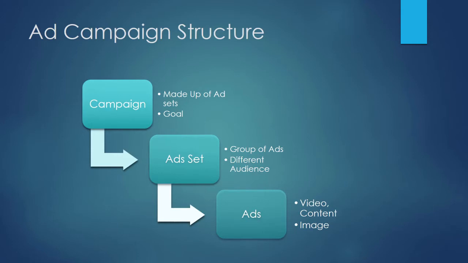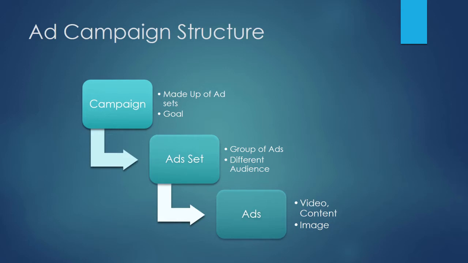In the Ads Manager, you need to understand a few terminologies. When you look at the Ads Manager, you realize we have three terminologies. You have the campaign, the ad set, and the ads. Now, campaign is the main one. The campaign is made up of ad sets. And the reason why you have a campaign is for you to be able to create your goal.